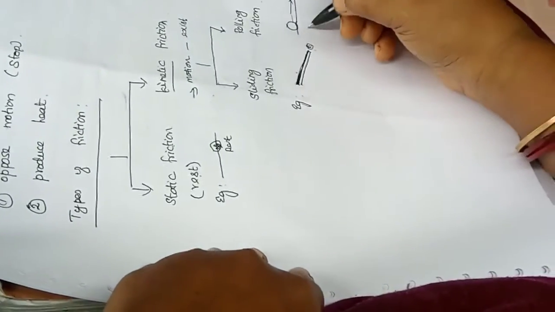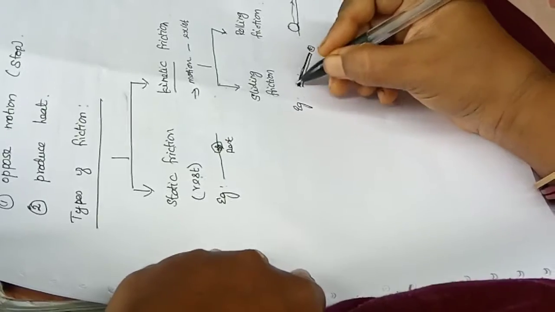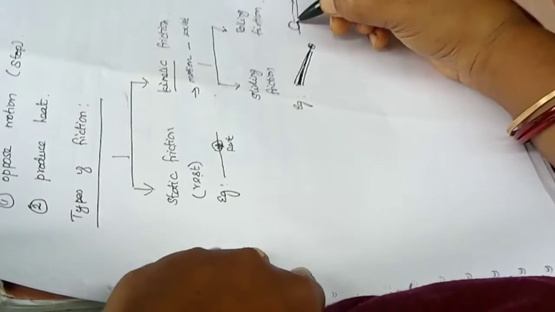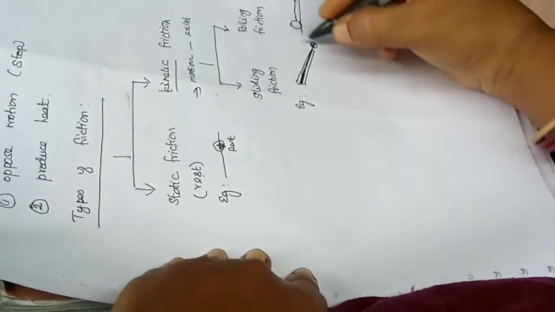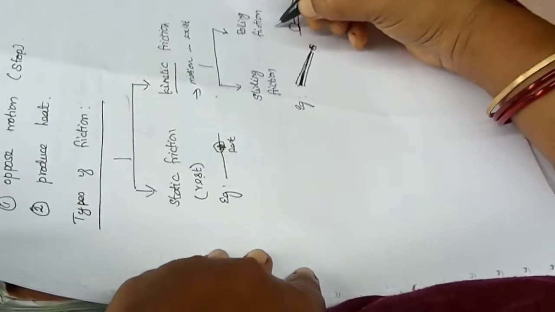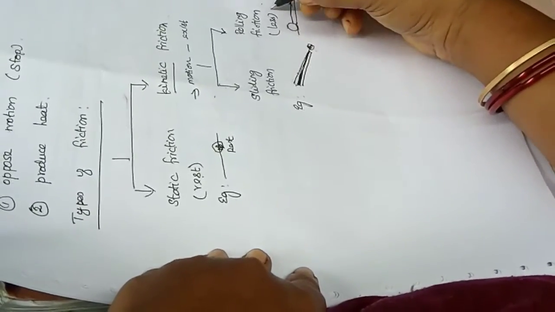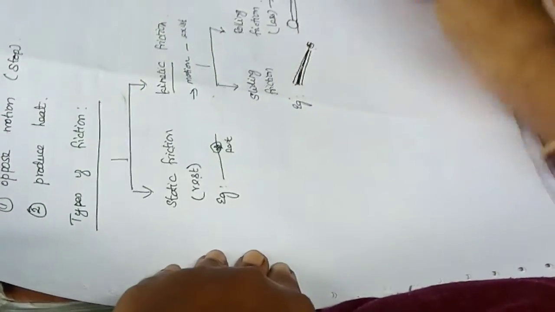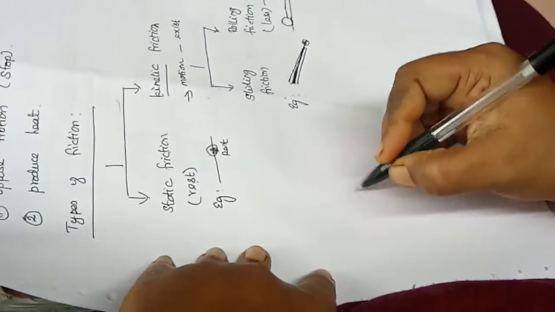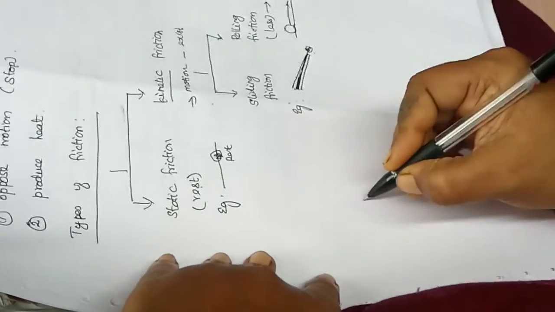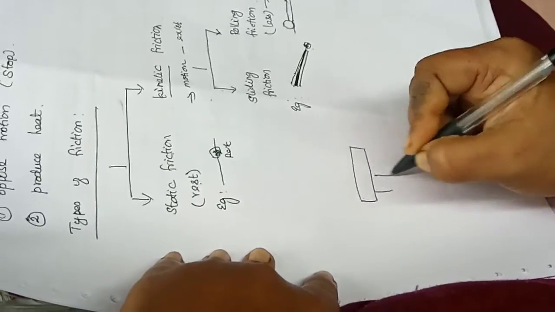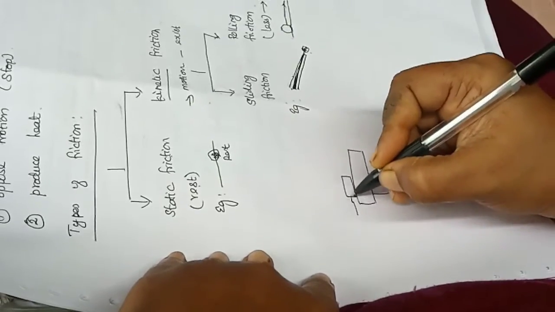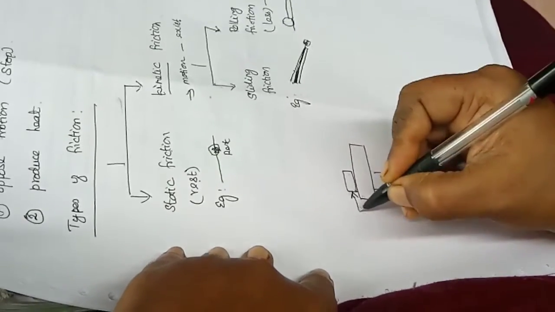But which one will move faster, an object that slides or one that rolls? Rolling friction is very low. An object moves much faster with rolling friction than with sliding friction. Take this example. Keep a book on the table and give it a slight force.